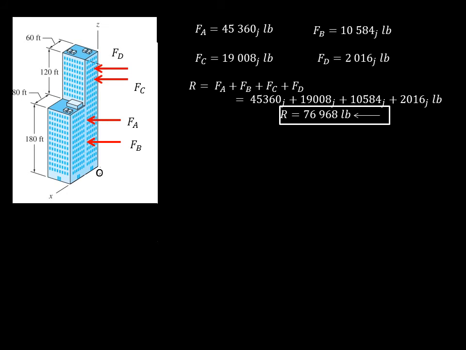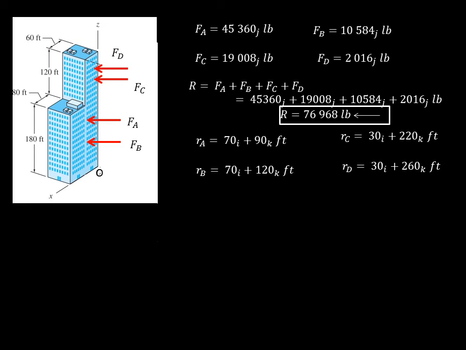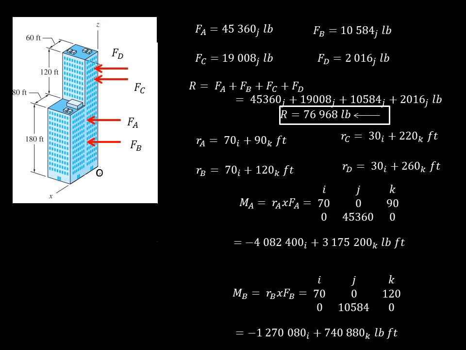Before we can solve for the moment, we must first identify the distance of the moment center from the forces in vector form. After we get them, let us get the cross product of the force and the distance that we were able to get, like so.